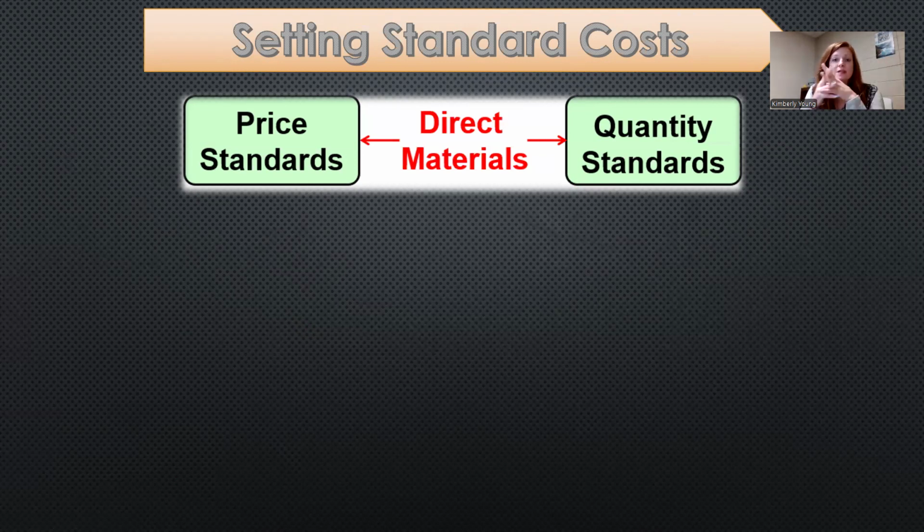Our price standard, I have no idea how much tires for a bicycle cost, but let's say they cost $20 a piece. That would be the standard price: $20 per tire. The quantity, we expect a bicycle to have 2 tires, so that would be 2 tires times $20. We would expect to spend $40 as our standard cost for a bicycle.